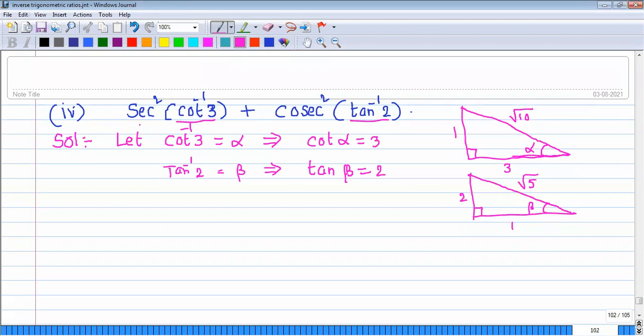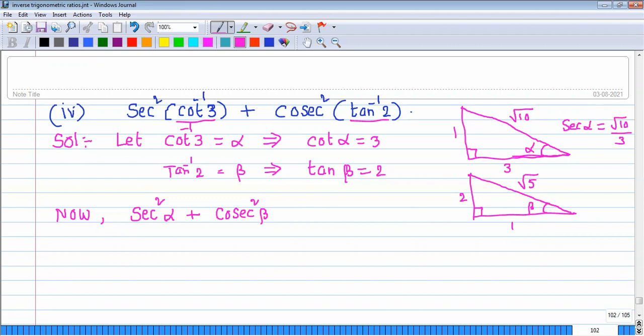So now we need to find out secant square alpha plus cosecant square beta. From the first triangle, let us find out sec alpha. Sec alpha is equal to hypotenuse by adjacent side, so root 10 upon 3.